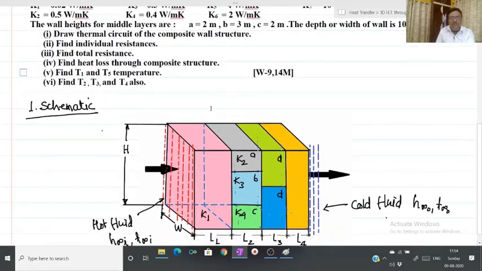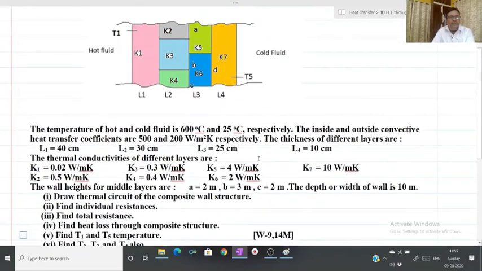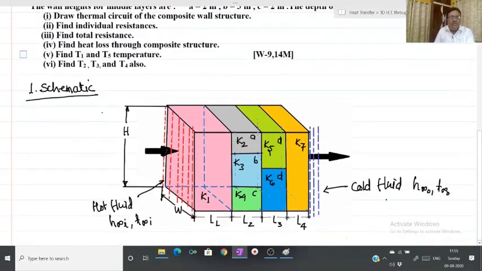Then thermal conductivity of the green slab is represented by K5, of blue slab by K6 and of yellow slab by K7. In this, A is the height of the material having thermal conductivity K2, B is the height of the material having thermal conductivity K3, and C is the height of the material having thermal conductivity K4, and D is the height of material shown by green color and blue color.